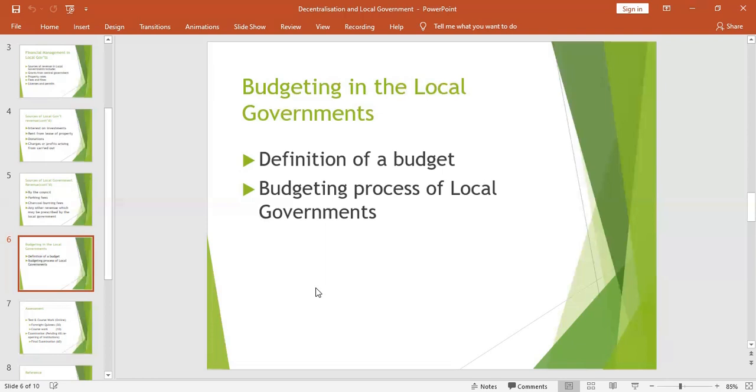Conditional grant, as I've already said, let me emphasize it again, is money given to local governments in order to fund programs agreed upon between the central government and the local government. It is spent on purposes for which it was made in accordance with the terms and conditions agreed upon. Then an unconditional grant.